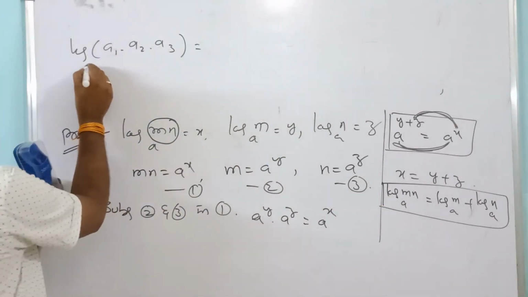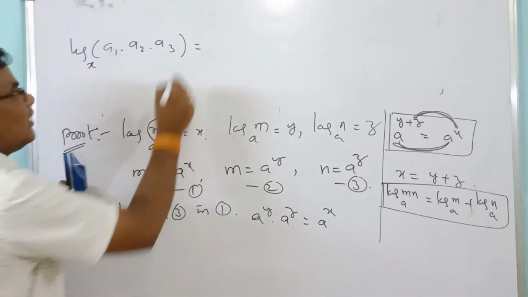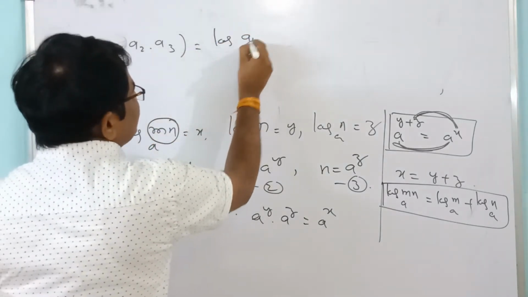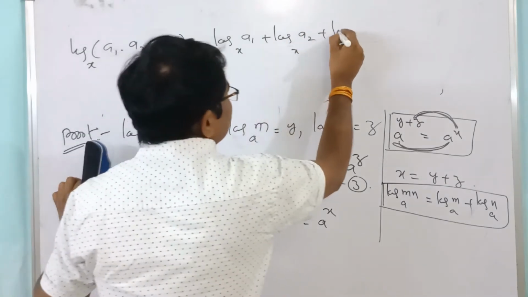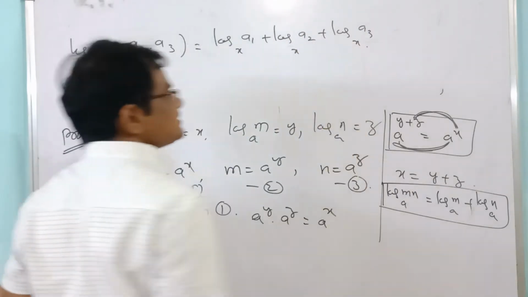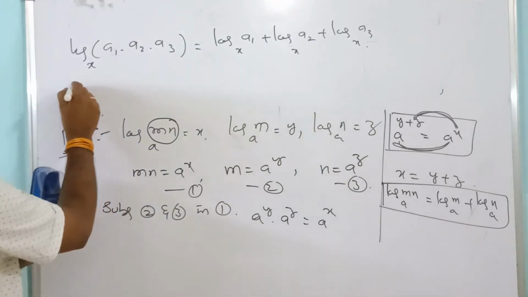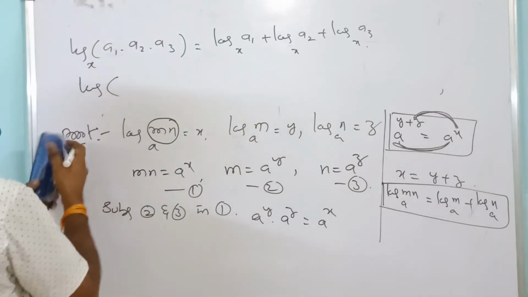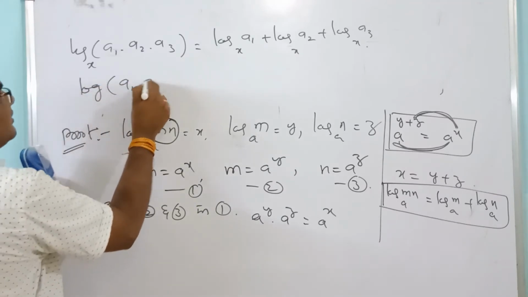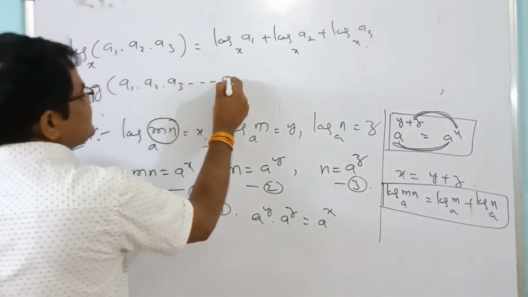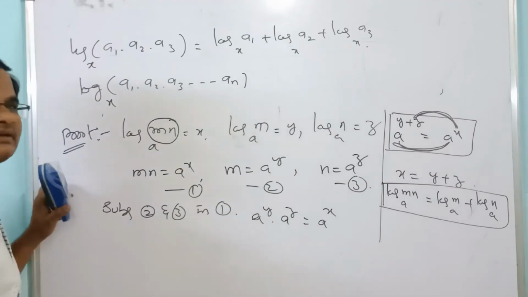To the base, suppose x is there. How to write? Log of a1 to the base x, log of a2 to the base x, and log of a3 to the base x. Suppose like this is there, log of a1, a2, a3, etc. an to the base x.